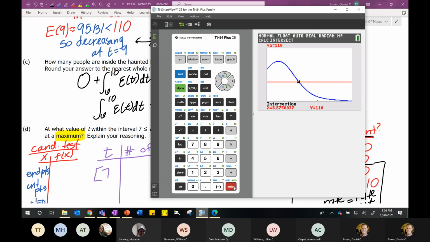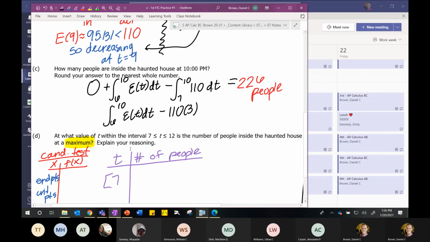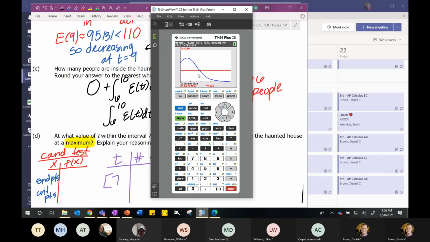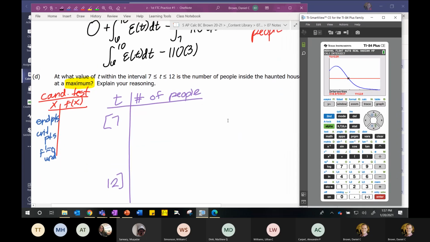These graphs are intersecting at 8.875, so that's going to be another critical point that we will need to consider. I'm going to add that to my candidates test, open up for questions, and then we'll finish out the problem.